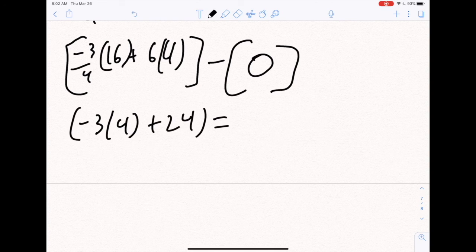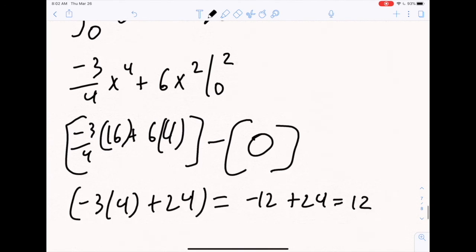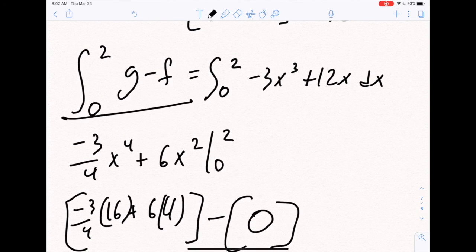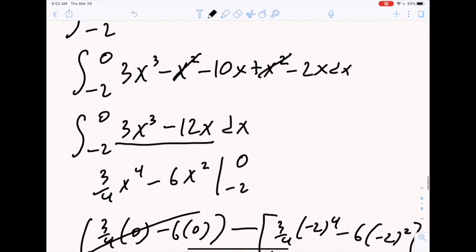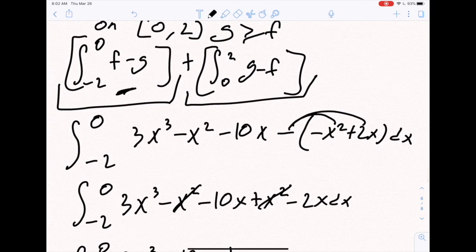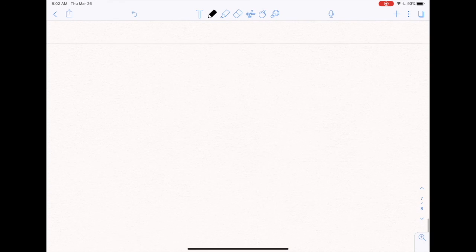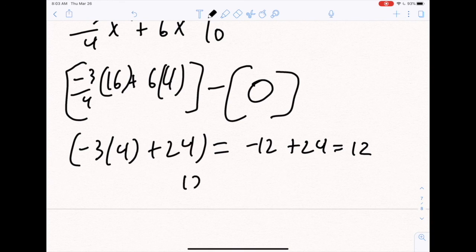So this ends up being minus 12 plus 24, which equals 12. And so that means this integral here gives us positive 12. This integral here gave us positive 12. So the final answer is 12 plus 12 equals 24.